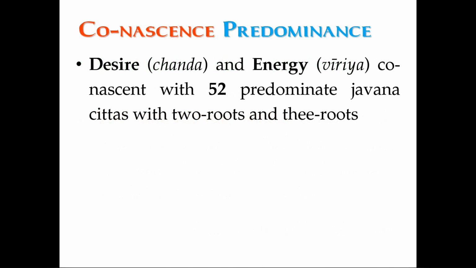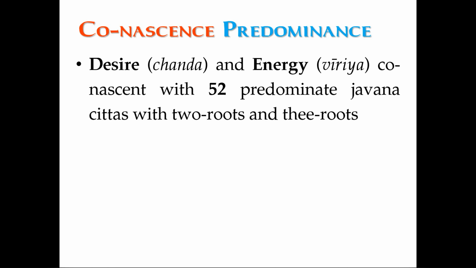Desire, chanda, and energy, viriya, are connected with 52 predominant javana chetas, with the 2 roots and 3 roots. As I said earlier, we have 55 javana chetas.